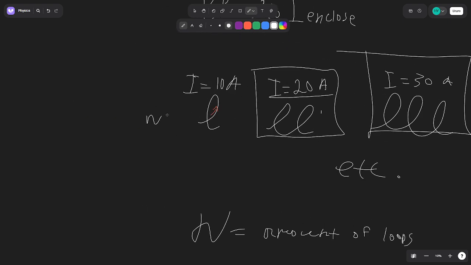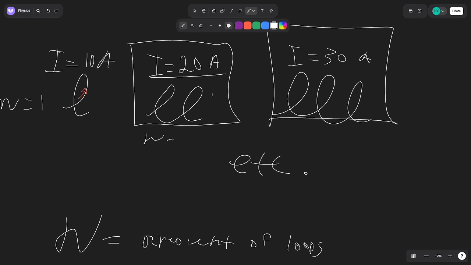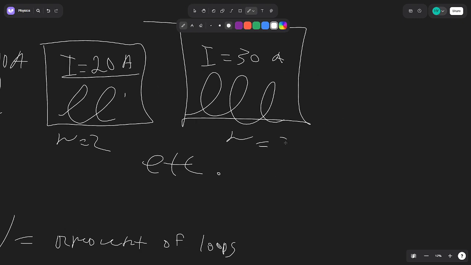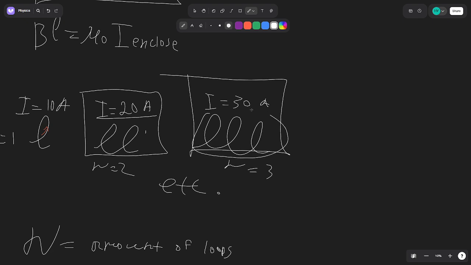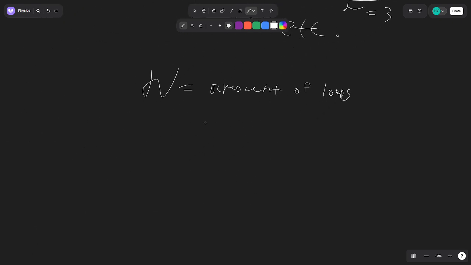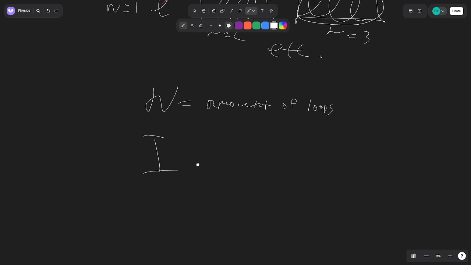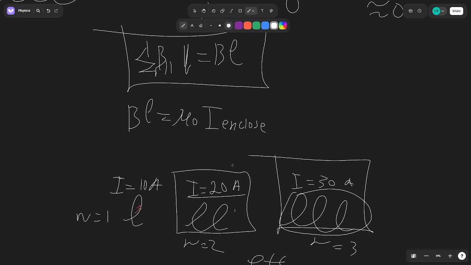So here N equals 1, here N equals 2, and here N equals 3, because here there are 3 loops. And what can we do with that? Maybe we can use it in a formula. Yeah, we easily can, and we should, because of the formula of enclosed current that we used in the previous formula right here.